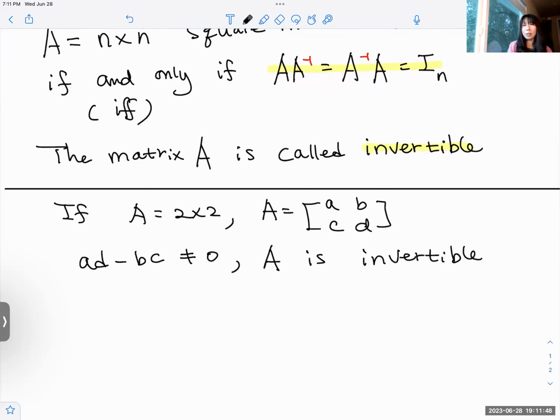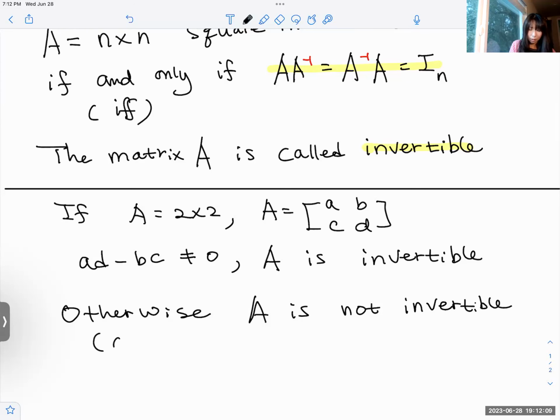So in other words, if AD minus BC equals 0, then A is not invertible, right? Otherwise AD minus BC equals 0, right?